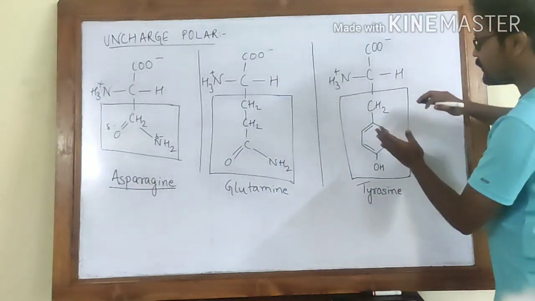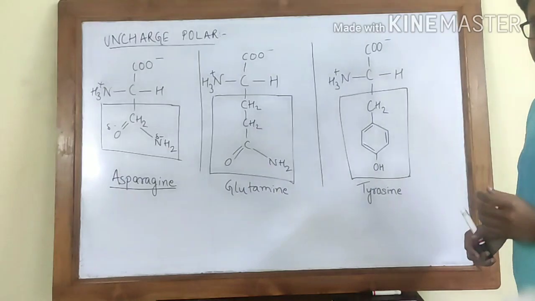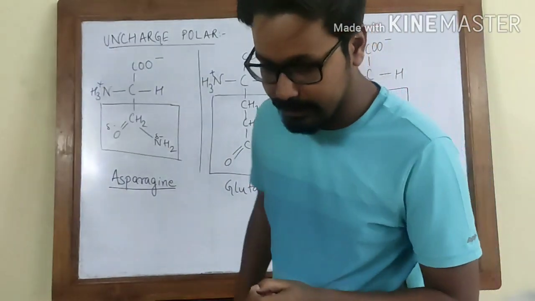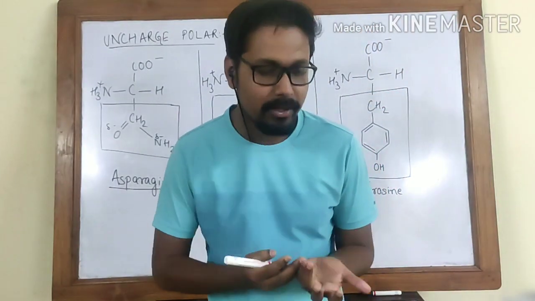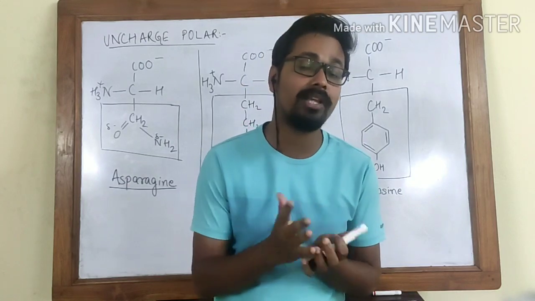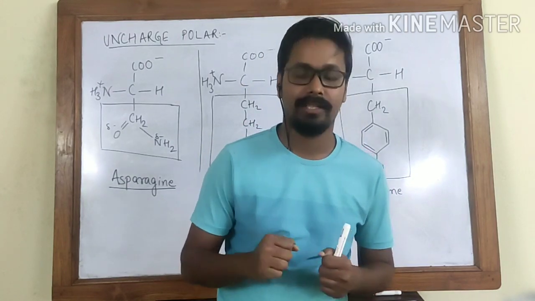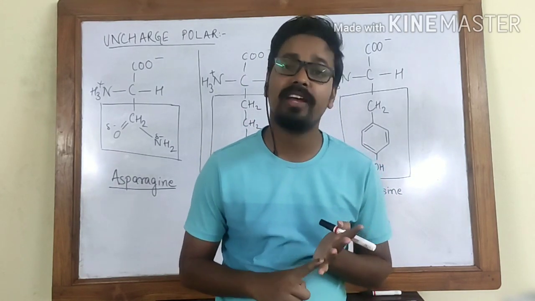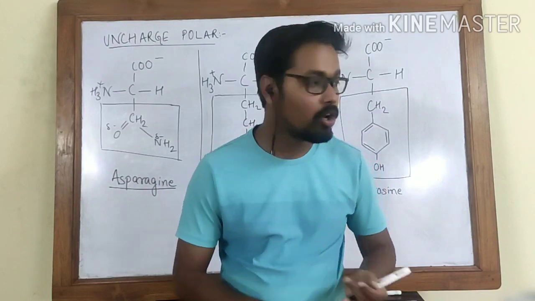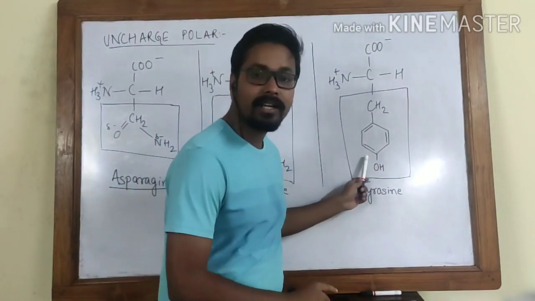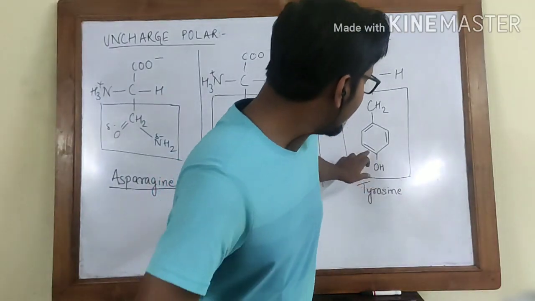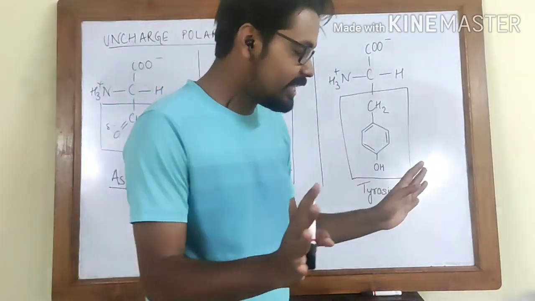Now there is another special property of tyrosine. Tyrosine, in whichever proteins it is present, absorbs light, just like the other two, tryptophan and phenylalanine, because it contains one aromatic ring.